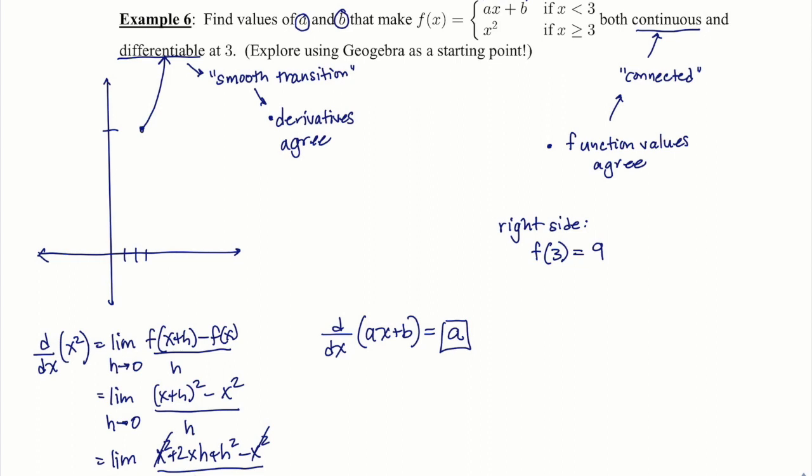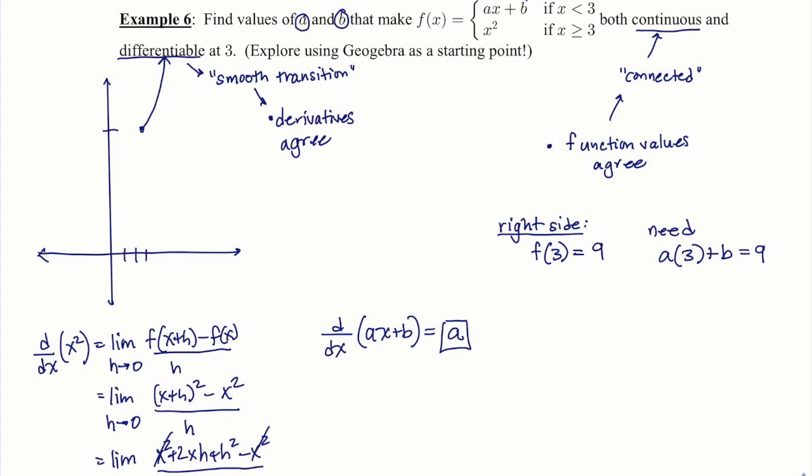So the function value we need to agree, and also the derivatives we need to agree. And we said for the right side, the function value is going to be 9. So we need a times 3 plus b to be 9 to get the function values to be the same.